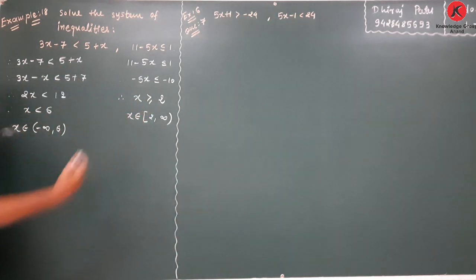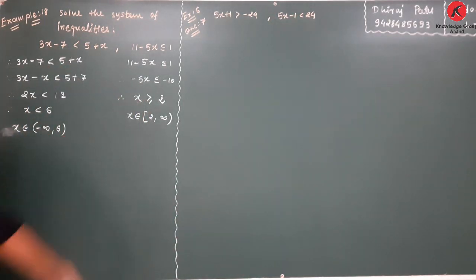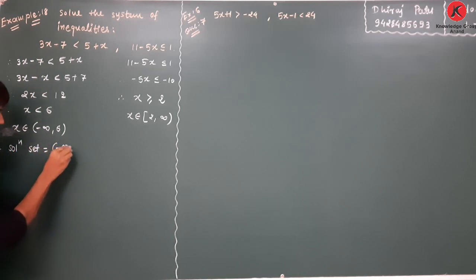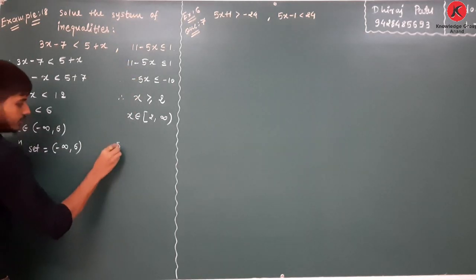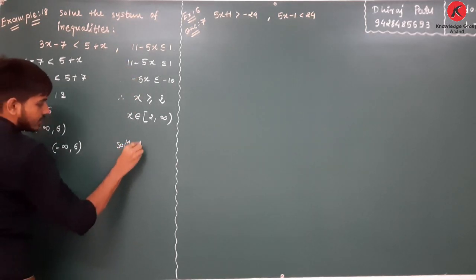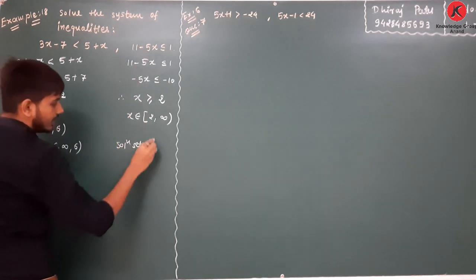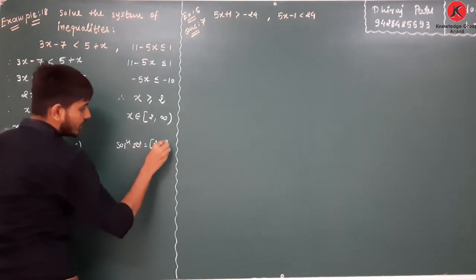Here 2 is included, 6 is not included. Therefore, the solution set of the first inequality is minus infinity to 6, and the solution set of the second inequality is 2 to infinity.